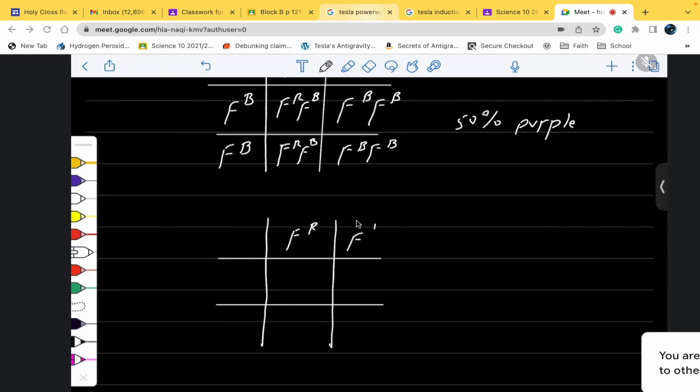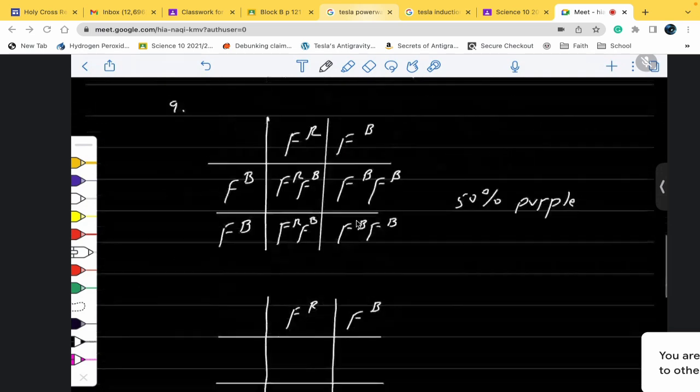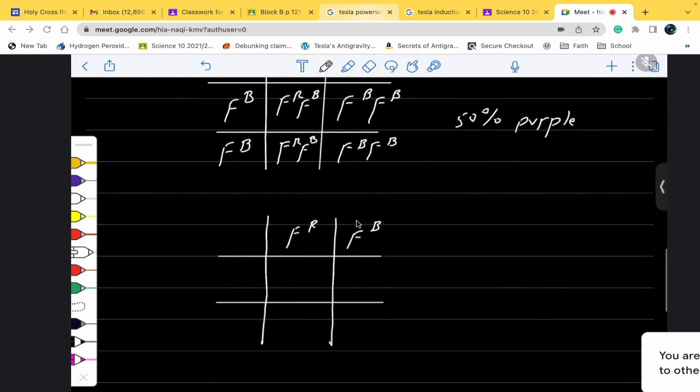FR, FB. So far the same as the top one, except now we're going to switch this second combination to FR, FB. Let's see what happens. Cross the first column with the first row. You get FR, FR. First column with the second row, FR, FB. There's our first purple. Next, second column, FB, FR.